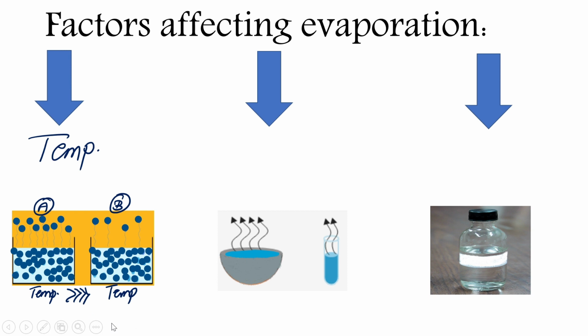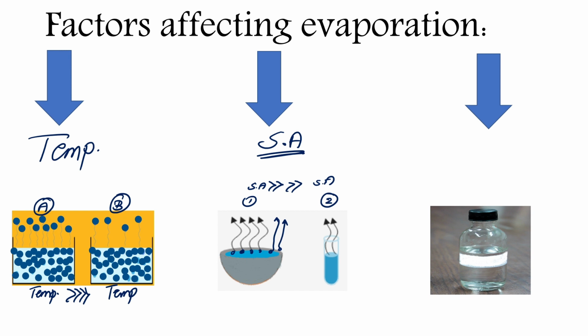The second factor is the surface area. We have here 1 and 2. The surface area at number 1 is higher than the surface area at number 2. So the larger the surface area, the faster is the evaporation.